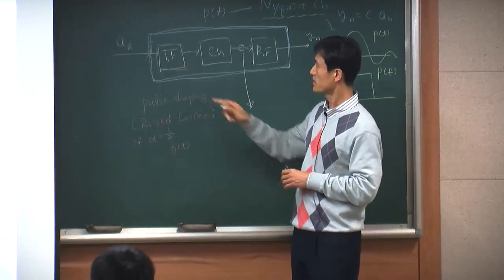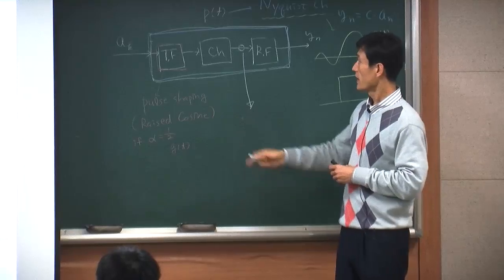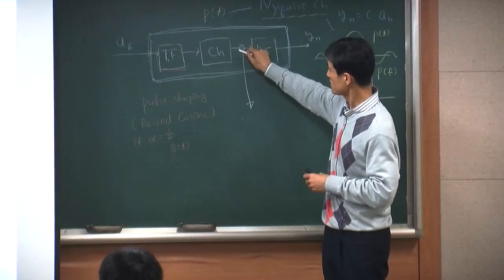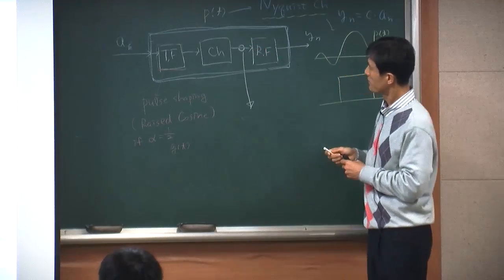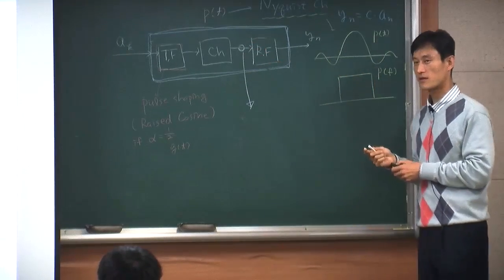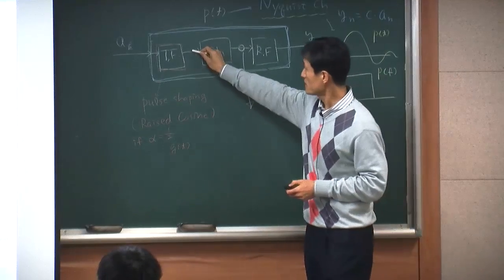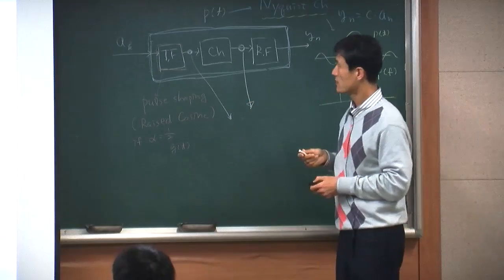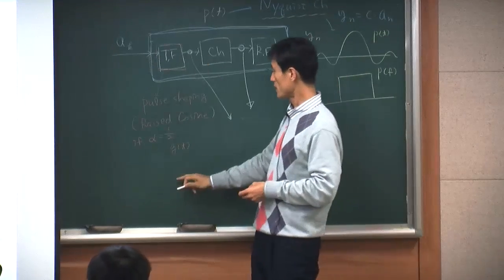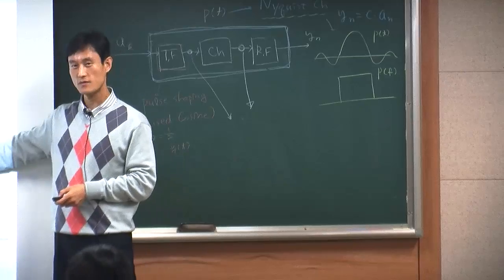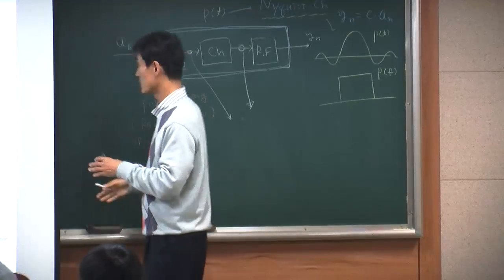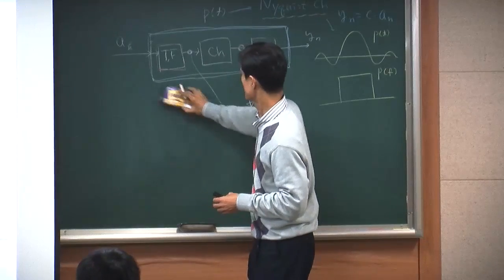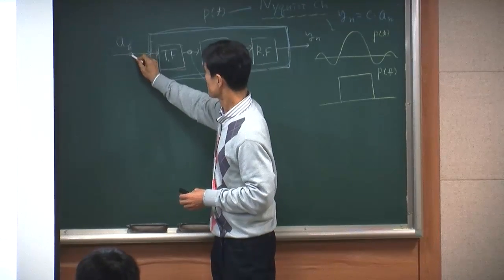You have some raised cosine and you go through the channel, and what does the signal look like here, before the receive filter?